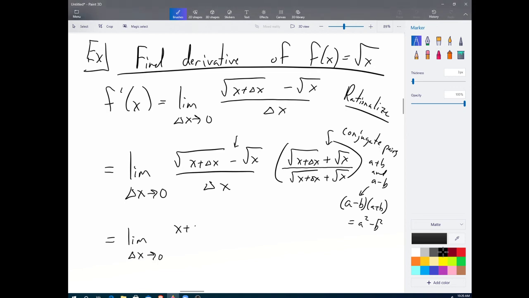So we still have this first term, but because it's a square root inside a squared, it will go away. And we still have the second term, but because it's a square root inside a squared, it will go away.